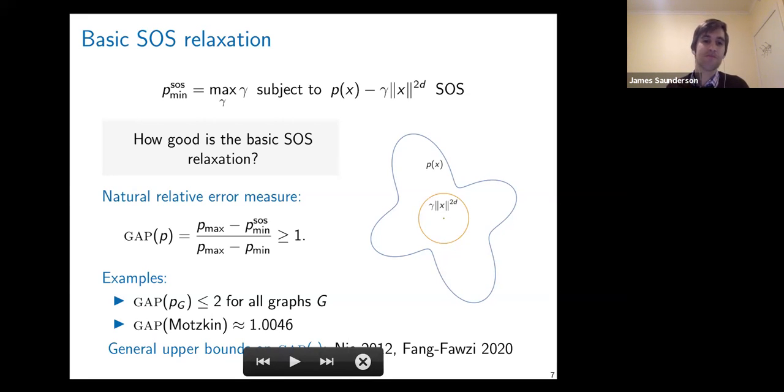For example, it's an exercise, not super easy, not super hard, to show that this gap for all of these polynomials that come from graphs, related to computing the inverse of the stability number, is always at most 2 for any graph. So you actually get pretty small gaps in that case. And this becomes a fun game.